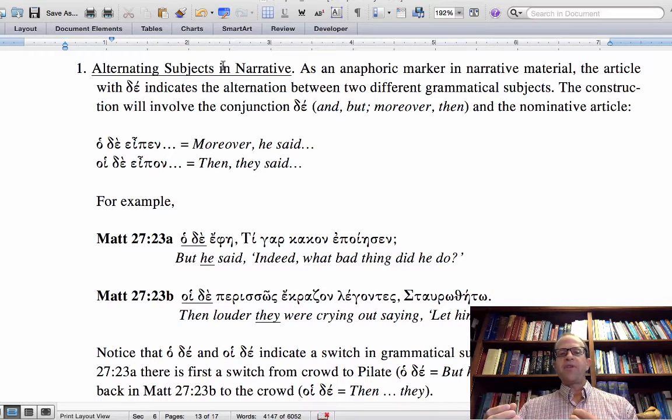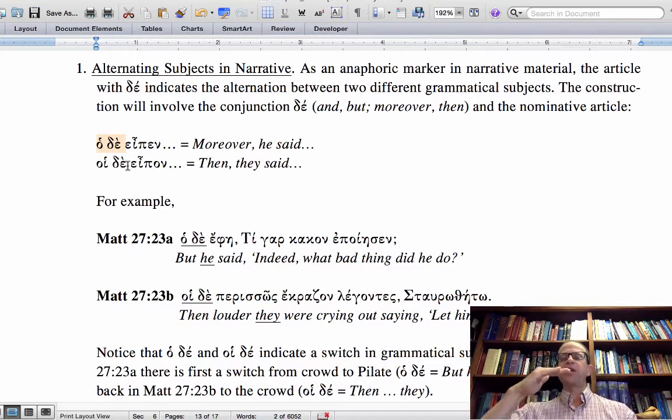Or you might have a men followed by a de, and this would indicate a change to the subject they. This is a classical way of marking a change of referent in narrative. And so it's a way of alternating between one subject and the next subject, then back to another subject.